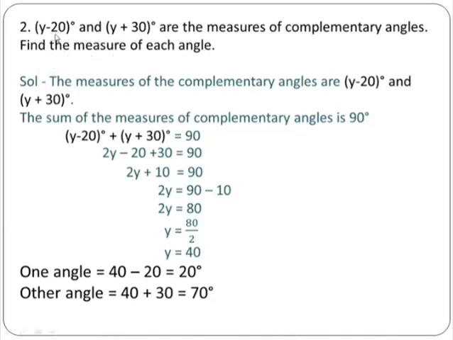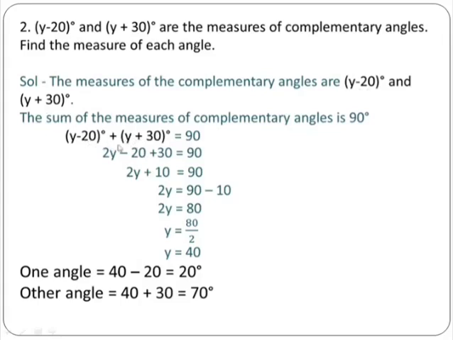Now here the measures of the angles are given in the form of expressions. So we will repeat the same procedure. Let the measures of the complementary angles given be y minus 20 degrees and y plus 30 degrees. Now as we know the property, the sum of the measures of complementary angles is 90 degrees. So we will add these two angles: y minus 20 degrees plus y plus 30 degrees equal to 90.